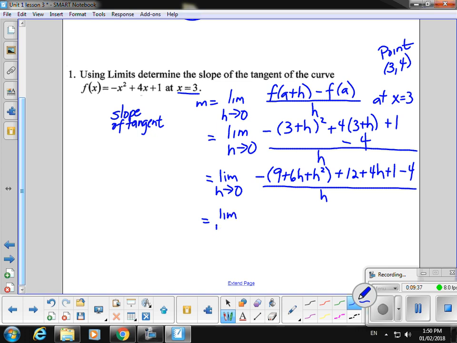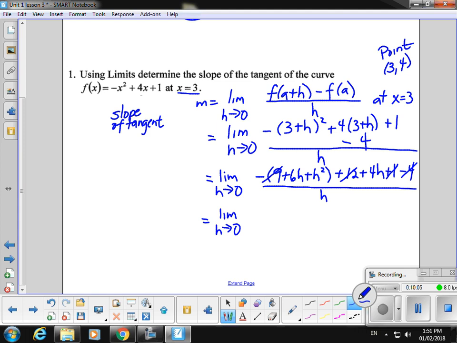The limit as h approaches 0. Okay, I've got negative 9 plus 12 plus 1 is negative 4. Right, all my numbers cancel out. I get a 0, so negative 9 plus 12 plus 1, subtract 4, all gone.